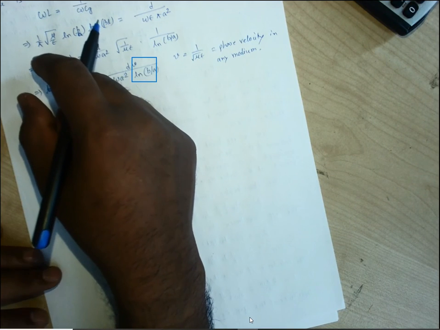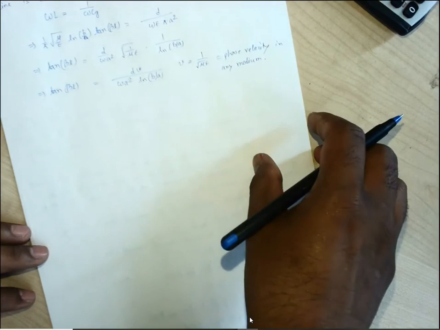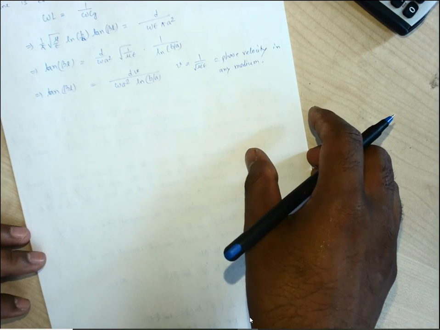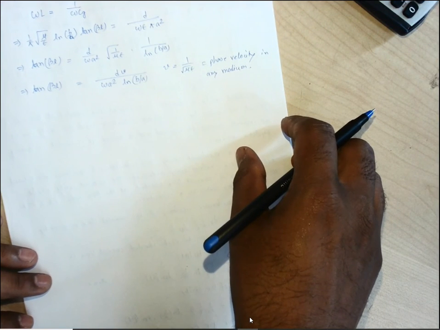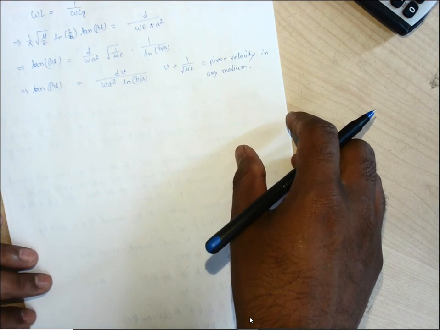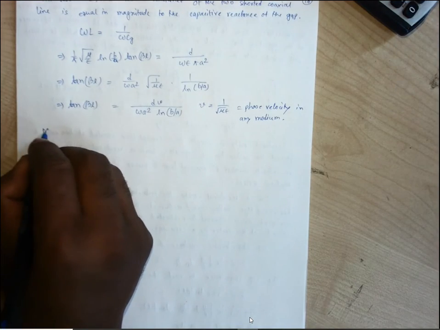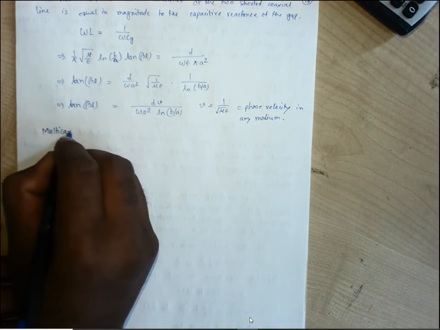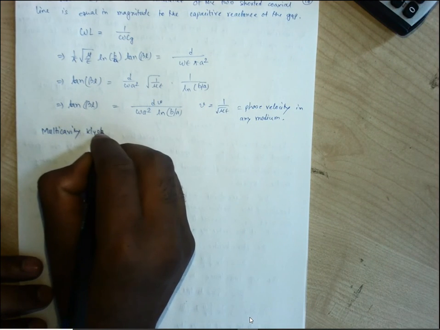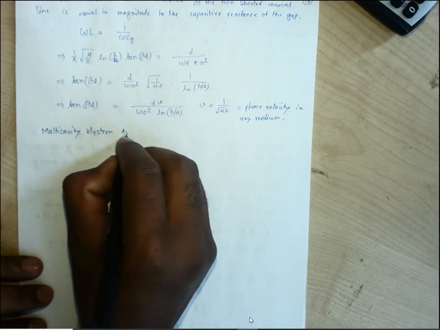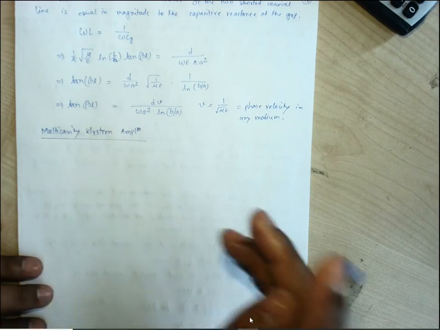Next topic is the multi-cavity klystron amplifier. You just go with that because I have already described it. What will be the action of those intermediate cavities in the amplification? You people just go with this topic.